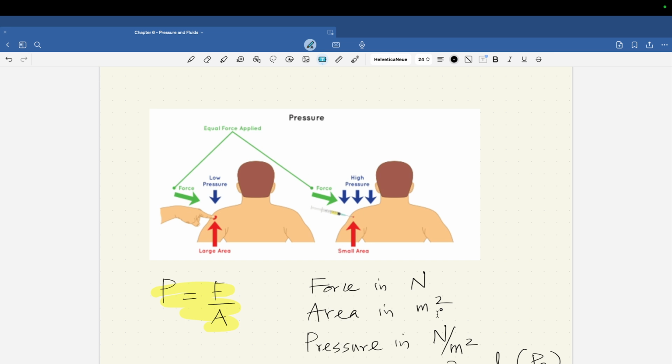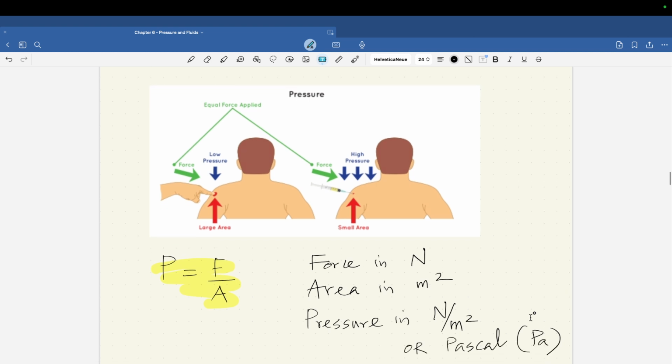So those are the proper units, newton and meter squared. Therefore, the unit of pressure is just newton divided by meter squared. Newton per meter squared, that's what we call it. It's also called pascal. The symbol is Pa. So you can either write newton per meter squared or Pa.